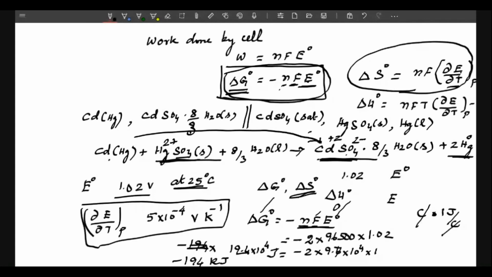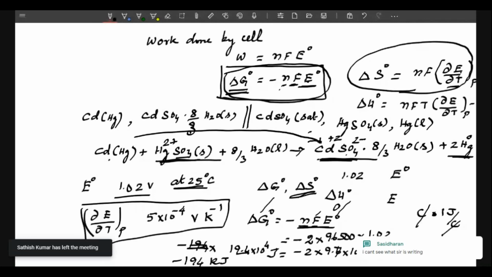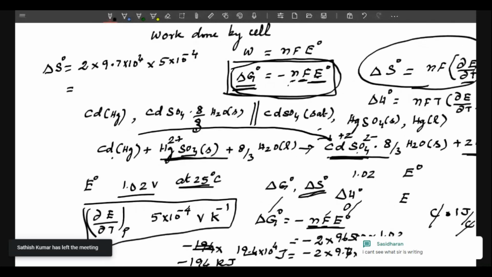Okay, multiply and tell me the answer, making use of your own calculator. What is the value? Tell me the answer.